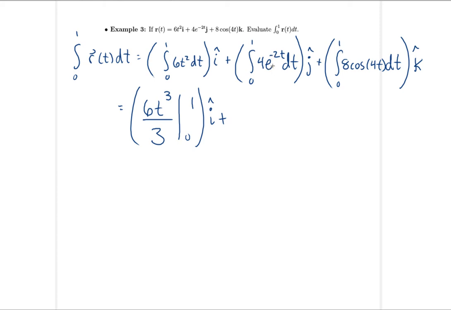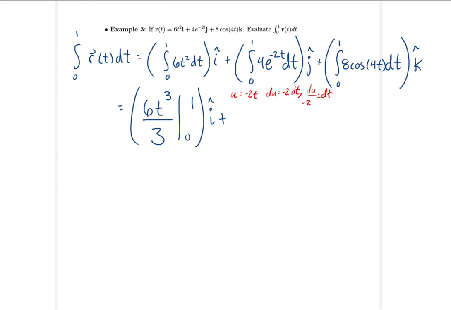All right, but this one is going to require some more work here. You've done a lot of integration. You may be comfortable just doing the u substitution in your head, but I'll be a little more careful. u is equal to negative 2t, right? Because we know e to the u is a nice simple derivative. So du equals negative 2 dt, which means that du over negative 2 equals dt.